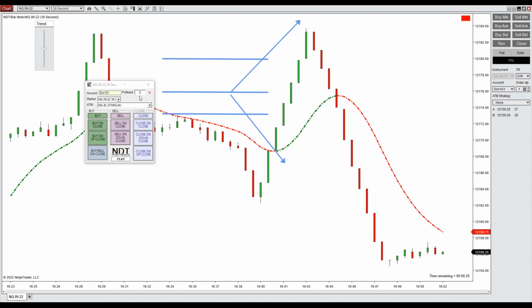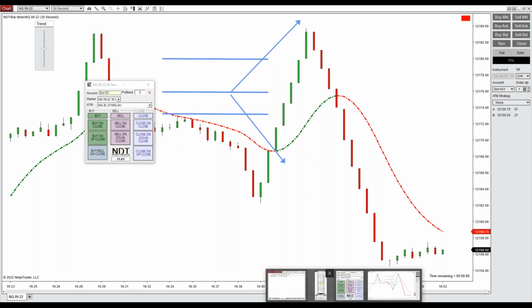See, we set no second targets. And I'll show you the ATM that we set, just so you have an idea, because we take all our stops. Here's the dome.